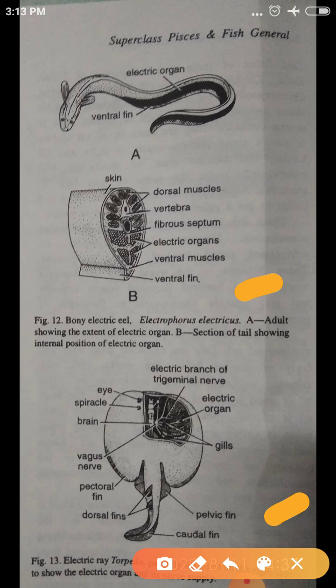In this extreme case of specialization, Electrophorus electricus of the Amazon is nearly 1.5 meters long and the posteroventral 4/5 part of its body is occupied by the electric organ. You can see here the position, the 4/5 part of the body is occupied by electric organs and it can generate electricity up to 600 volts in potential with a maximum output of 1000 watts.